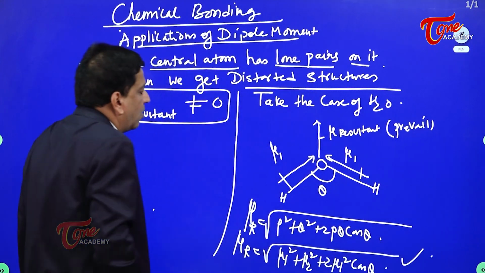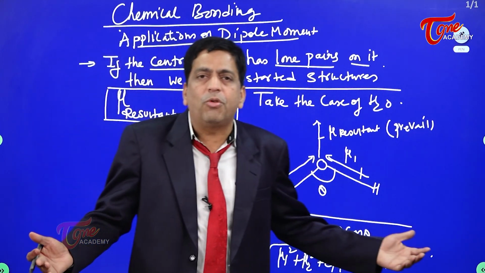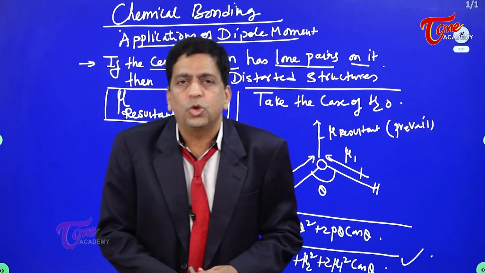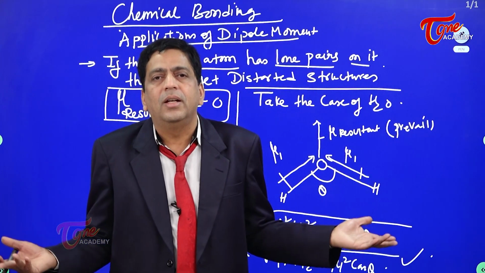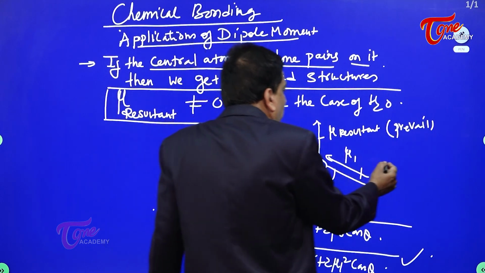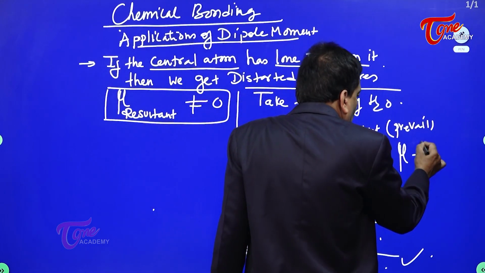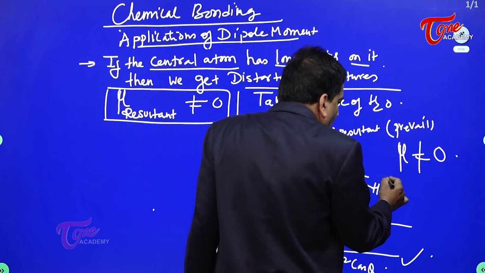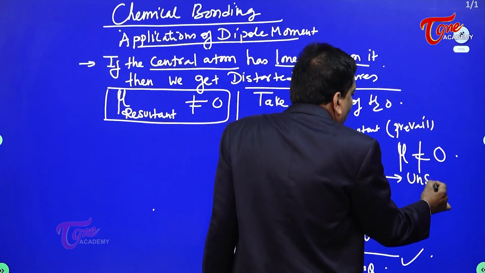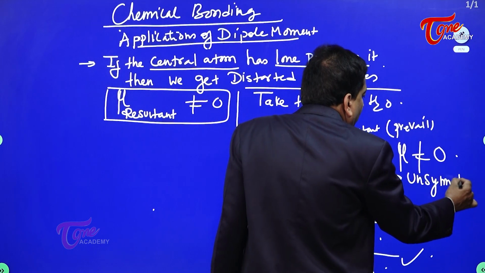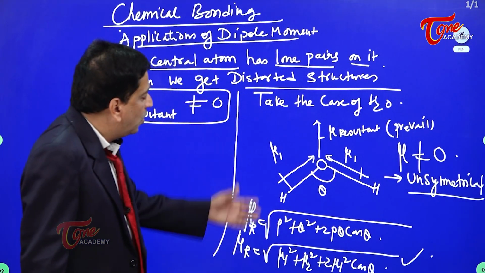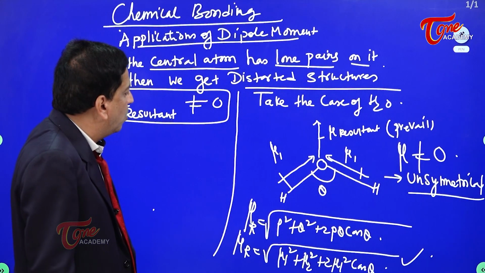This is the mu resultant, and there is absolutely no cancelling vector, so the mu resultant will prevail. So the net dipole moment is not equal to 0, and this molecule is said to be an unsymmetrical molecule, you must understand.